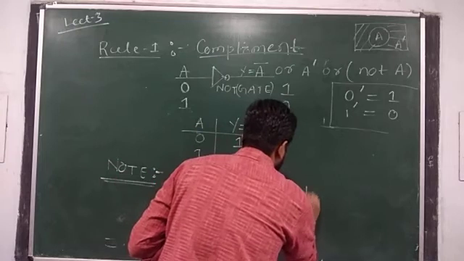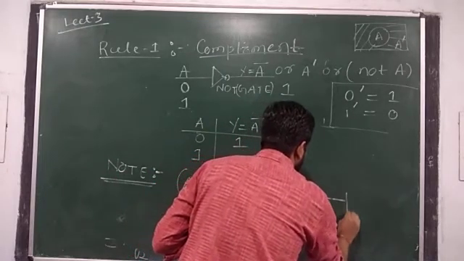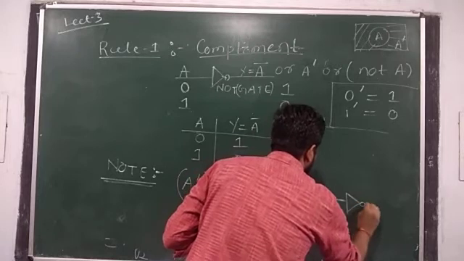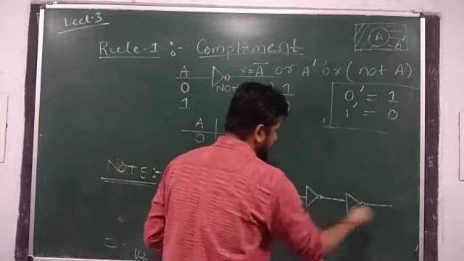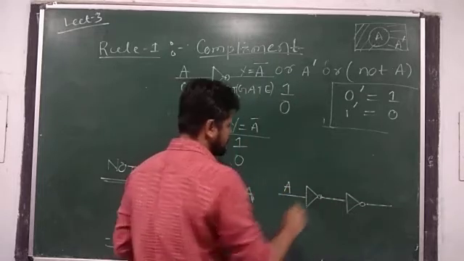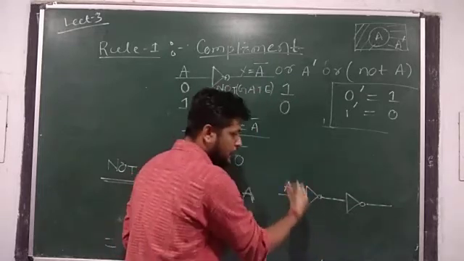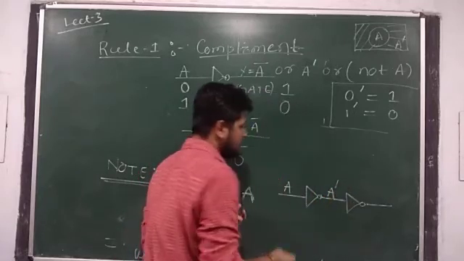For example, we have one NOT gate, then we cascade another NOT gate. Cascading means adding in series. If I apply input A, then what will be the output of this NOT gate? That will be A prime or A bar.